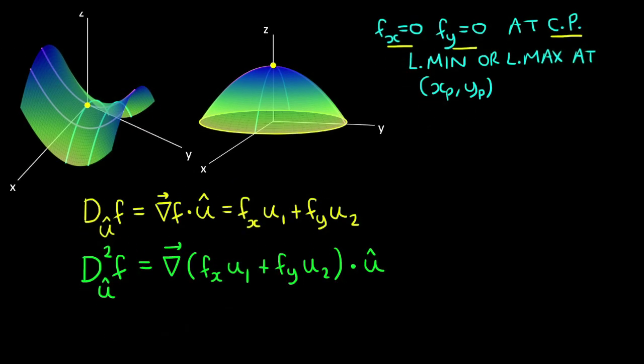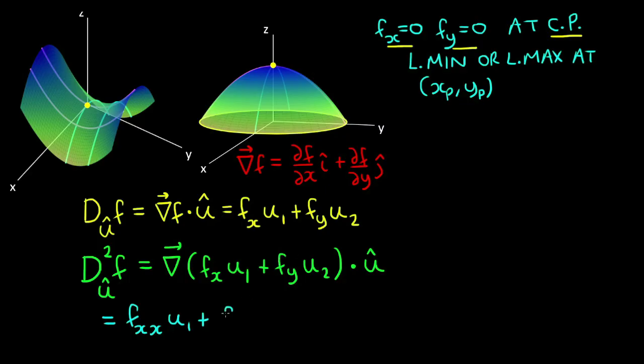So recall the gradient operator on some function was the partial with respect to x in the i direction plus the partial with respect to y in the j direction. So we get the second partial derivative of f with respect to x by u1 plus the partial derivative of the partial with respect to y with respect to x.